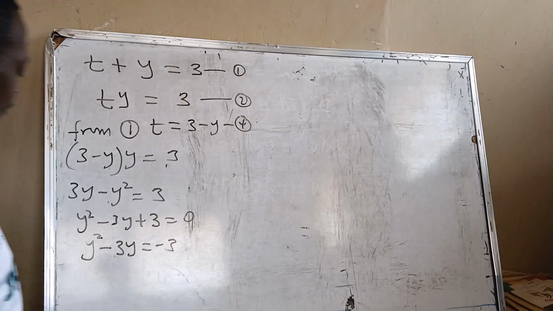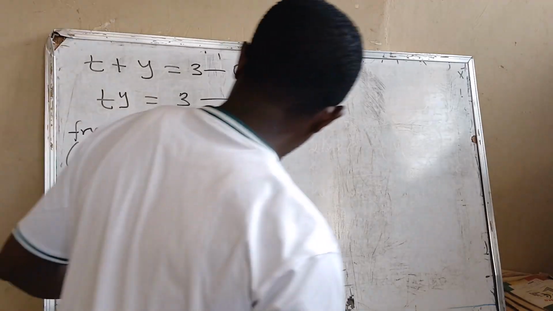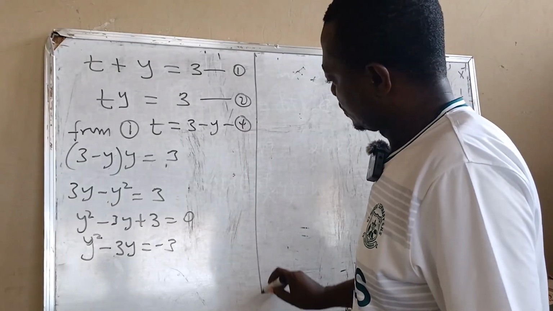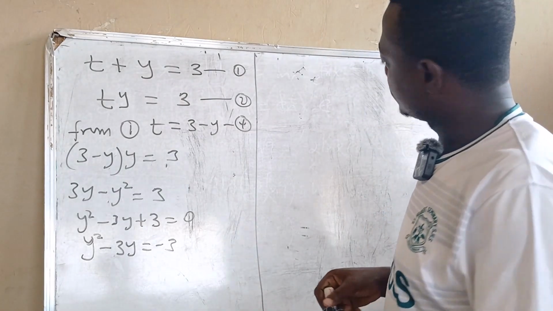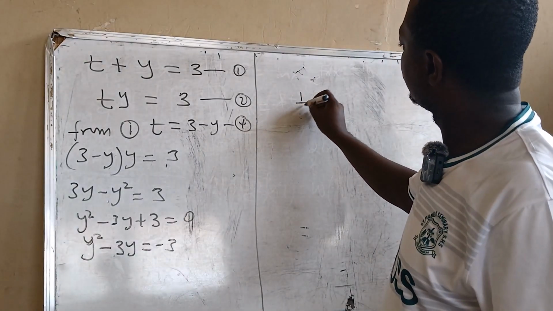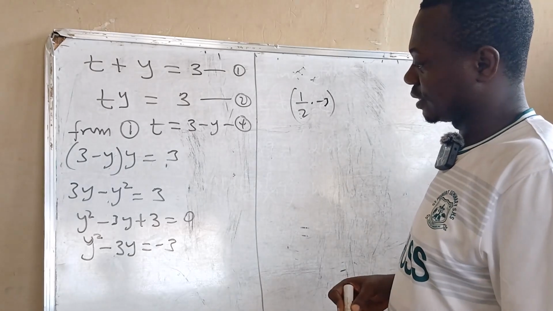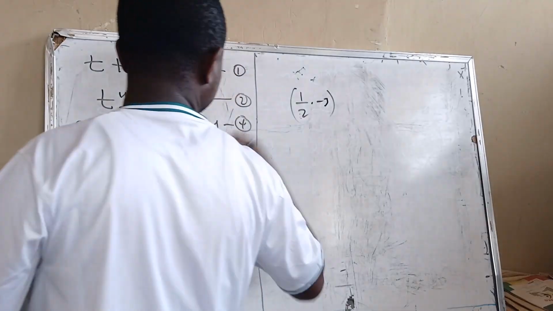Let's take half of the coefficient of y, and then we add the result to both sides of the equation. So we have half of minus 3, that will be (minus 3 on 2) all squared.